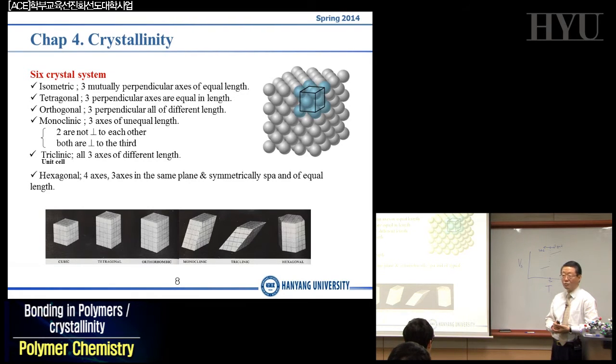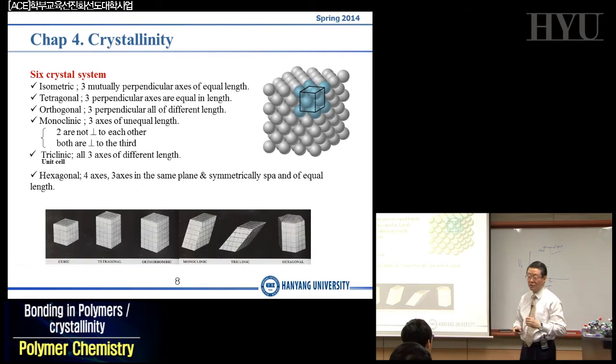What I would like to emphasize is that you can calculate the crystallinity based on information about the density of the materials. I emphasize density because density is related to your crystallinity.